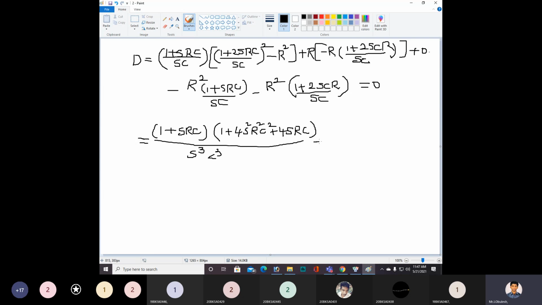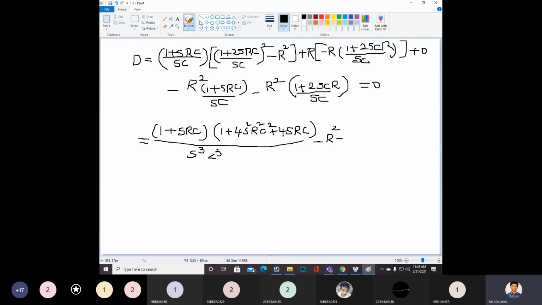Then next, minus. See here inside you have minus, because of that reason here I am keeping minus. Minus R square, minus R square, minus.